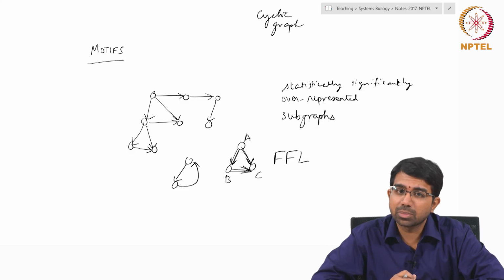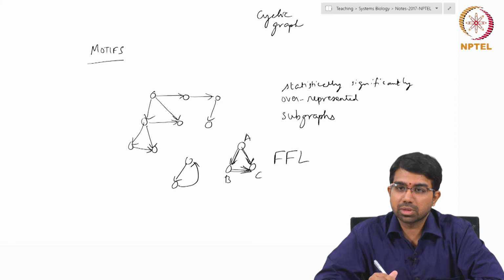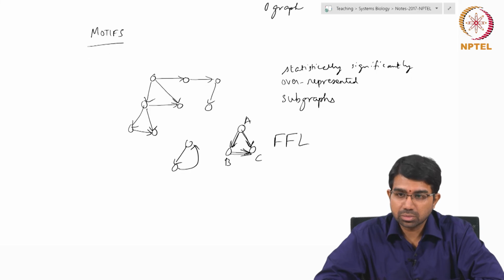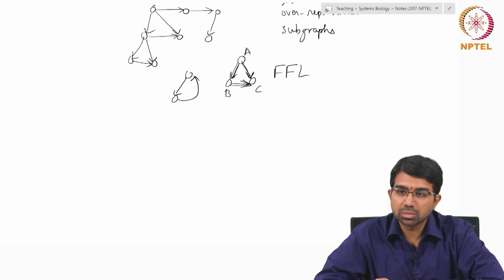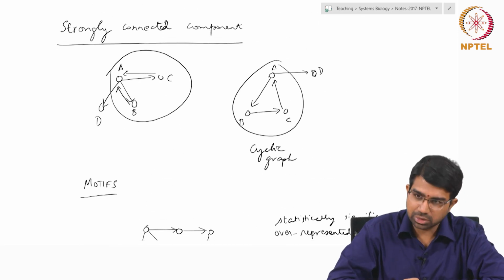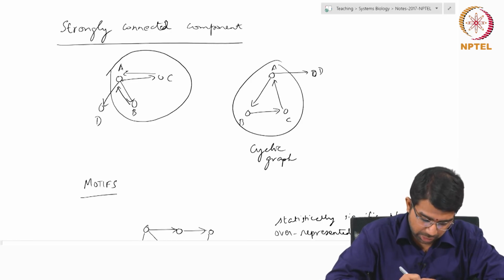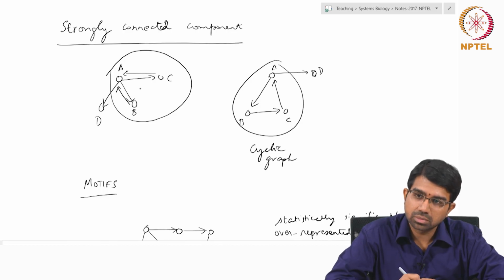It only needs to have a path from A to B, and then there should be a B to A. If you have just A, B, C and both arrows in both the edges, then is it not cyclic? No, it is technically cyclic. That is the example we already saw here. So, there are 2 cycles, AC and AB. Yes, there is a path from A to itself.